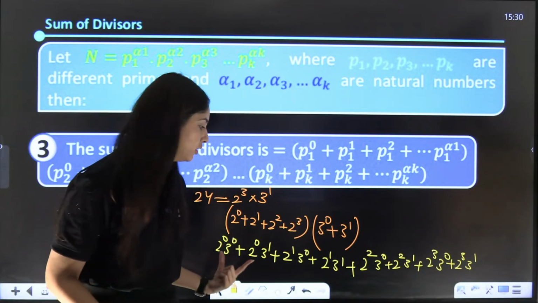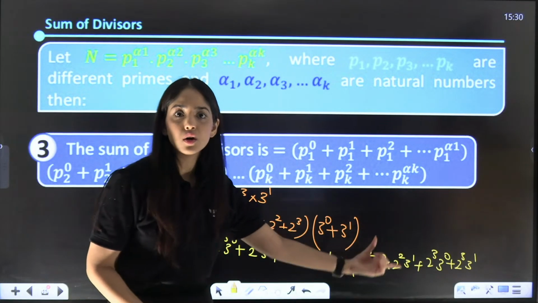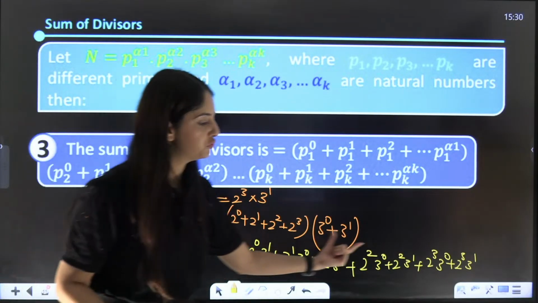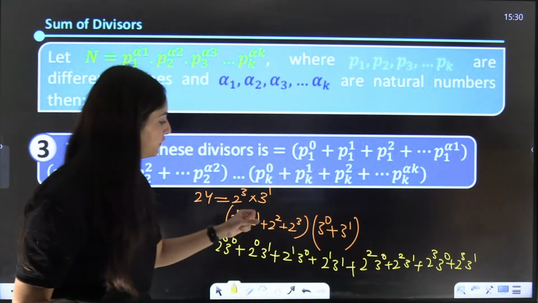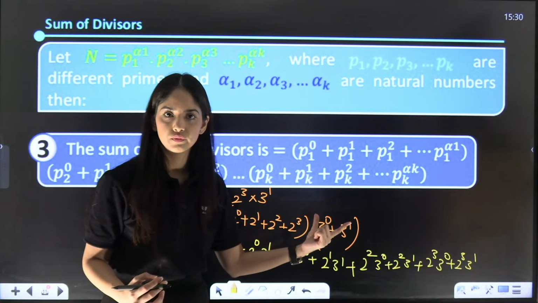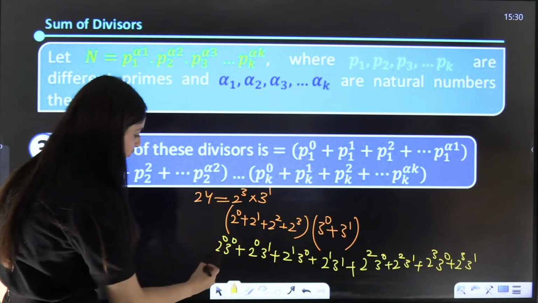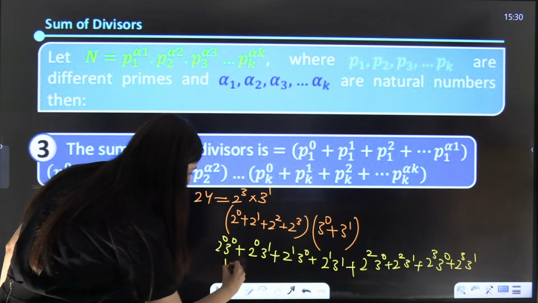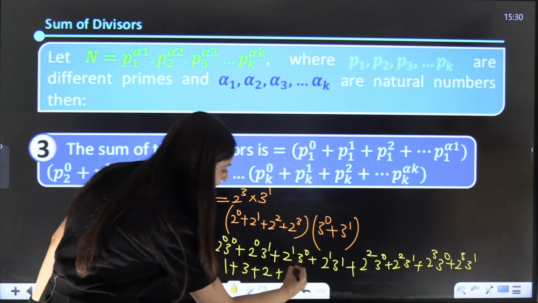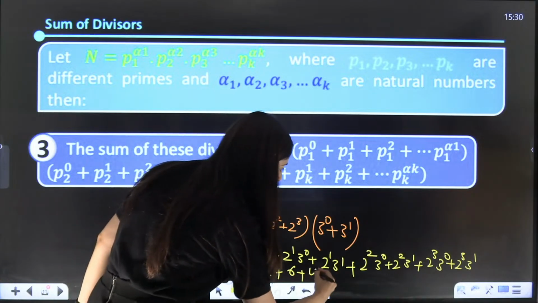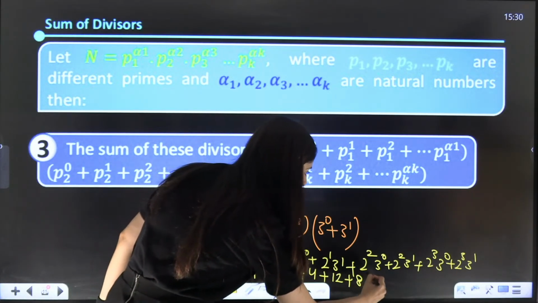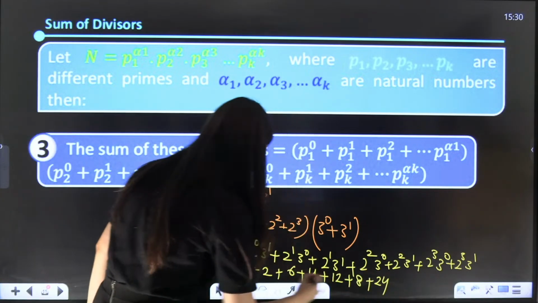What are all of these? These are all the possible divisors and we are trying to find the sum, which is why we express them as these products. If you want to check, this is 1 plus 3 plus 2 plus 6 plus 4 plus 12 plus 8 plus 24.